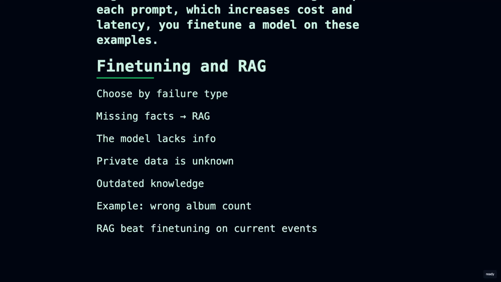This study found that for up-to-date questions, retrieval outperformed fine-tuning, and even base model plus RAG often beat fine-tuned variants. The lesson is that fine-tuning can improve a task, but can also make the model less broadly reliable.